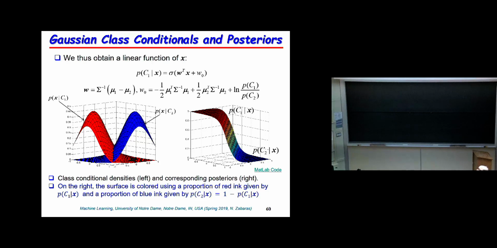And what you see here is, using the sigmoid of the linear function W transpose X plus W0, you compute the two posteriors, and you plot them. This is a very nice plot that maybe you have not seen for this type of thing before. When you compute these posteriors, it's not like you're going to take a point X and assign it to class 1 or to class 2.